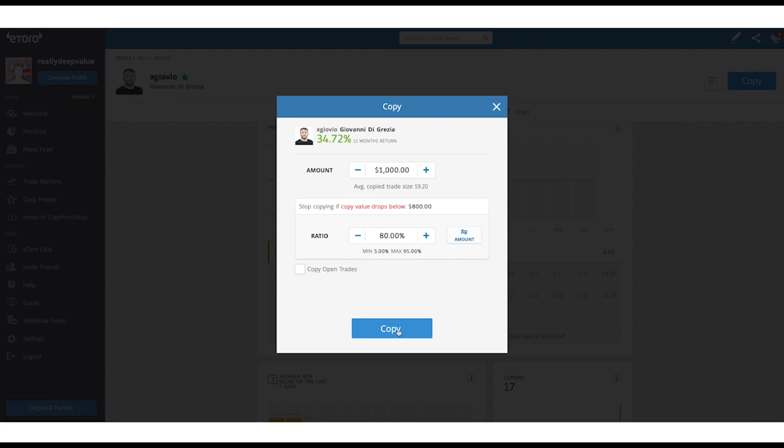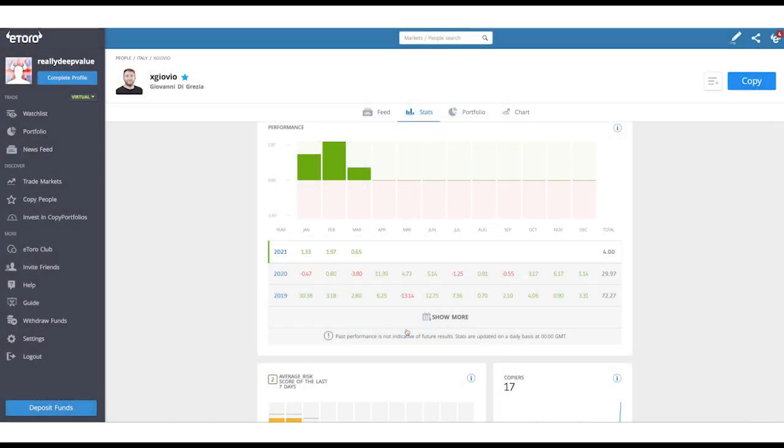Okay, so we're happy with all of that. We're going to not copy the current open positions, but only the future ones, and we're going to have a stop loss of 800. So if the value falls below 800 of the 1000 that we're putting behind him, then we'll stop copying. Click copy. Started copying.